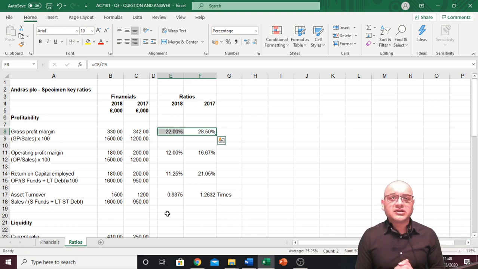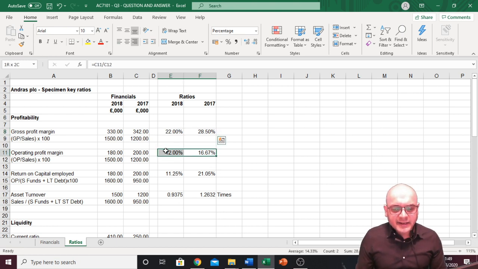As a result, the cost of sales may be going up. Or if it is a production business, then perhaps it could suggest higher production costs, maybe because of wastage or higher labor costs. Could be anything really.